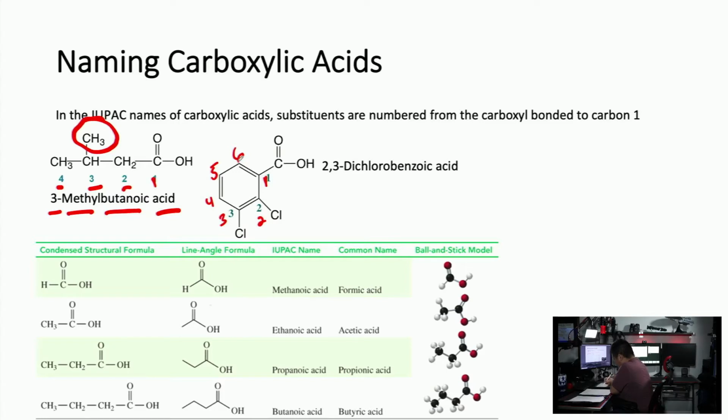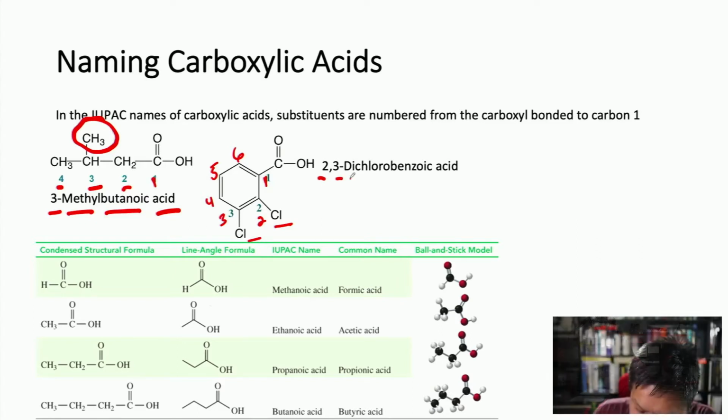So there are 2 chlorines on there. There's 1 on carbon 2. There's also 1 on carbon 3. So the name of this particular benzoic acid is 2,3-dichlorobenzoic acid, because they're on the second and third carbons of the ring. Dichloro, because there's two chlorines and di means two. Benzoic acid for the rest of it, right? Pretty simple naming carboxylic acids.